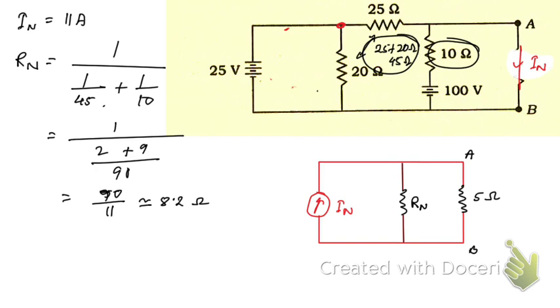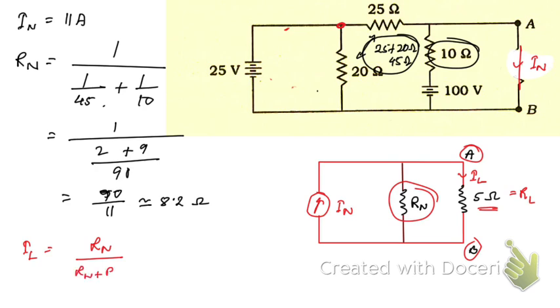In order to find the voltage across the load resistance, that means between A and B, we need to find the load current IL. IL, the load current through it, is given by Rn divided by Rn plus RL, into In.